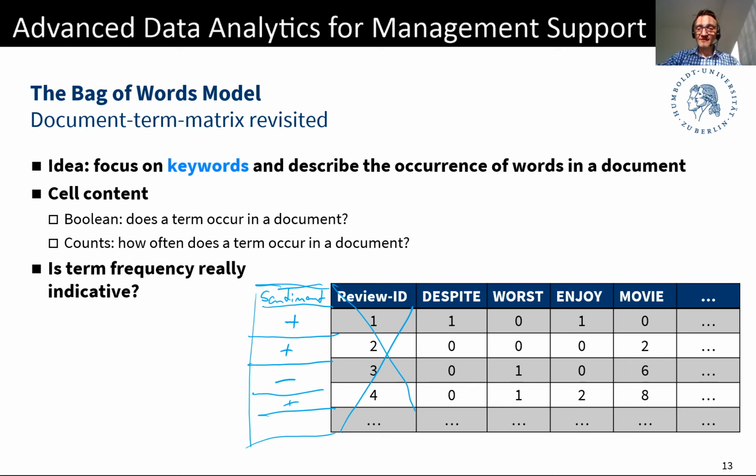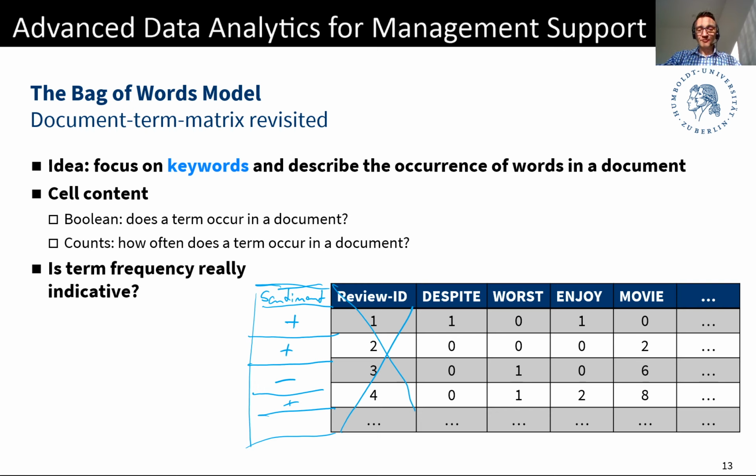Sometimes the cell content is simplified to a 0-1 indicator, where we only distinguish whether a word is used in a document or not, as opposed to really counting the number of occurrences in a document. These are two popular forms. We shall soon see one more.